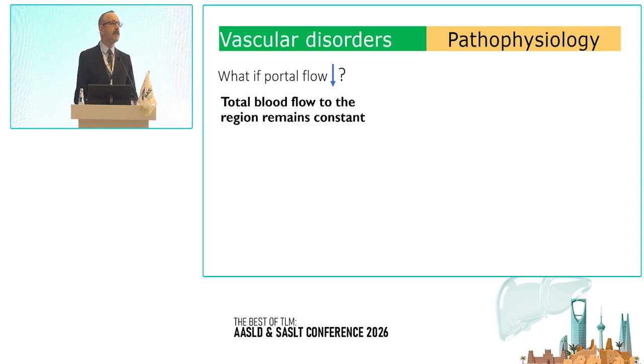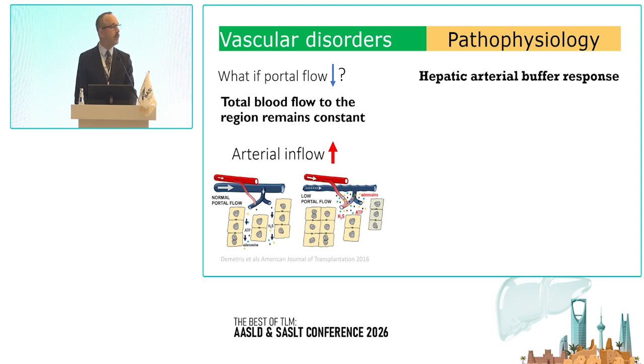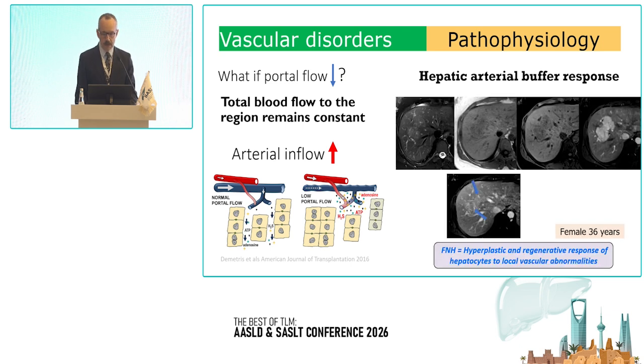So what happens if the portal flow decreases? The total flow in the region has to remain constant. So the arterial inflow increases. And this is what we call hepatic arterial buffer response. So the images I'm showing you, this is a normal patient, a normal liver, a 36 years old lady, and this is an FNH.